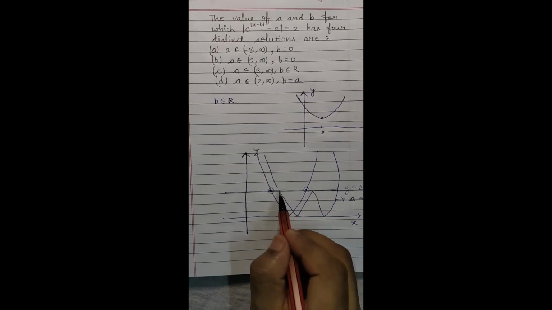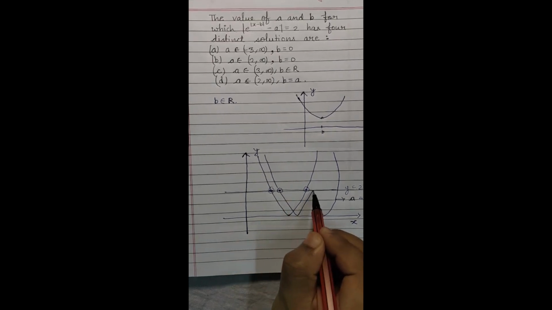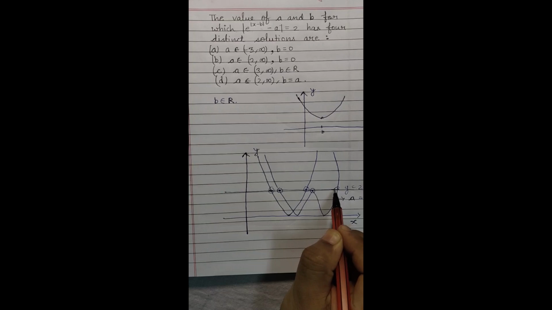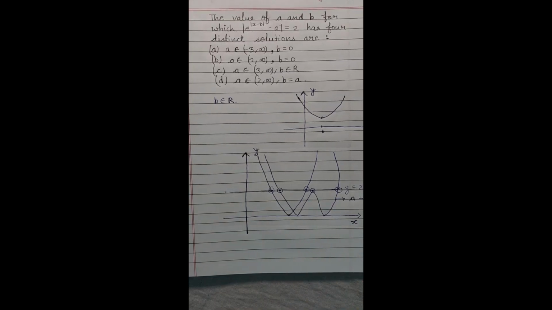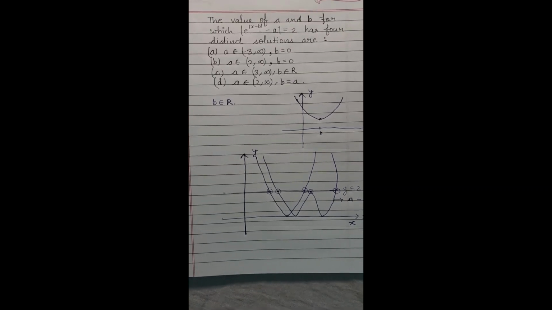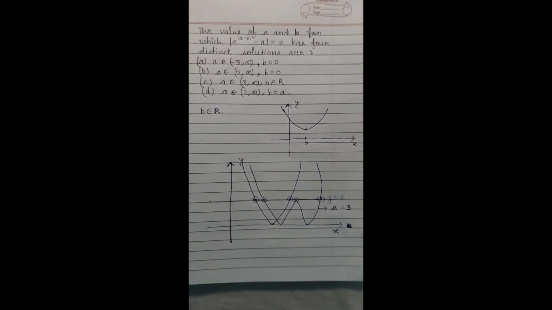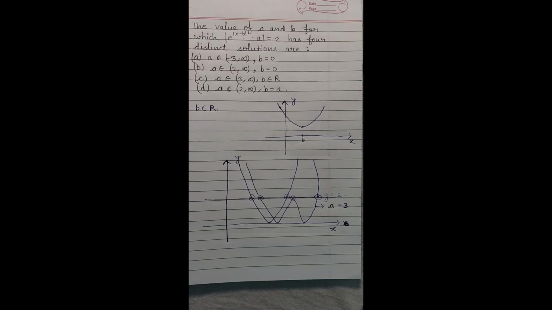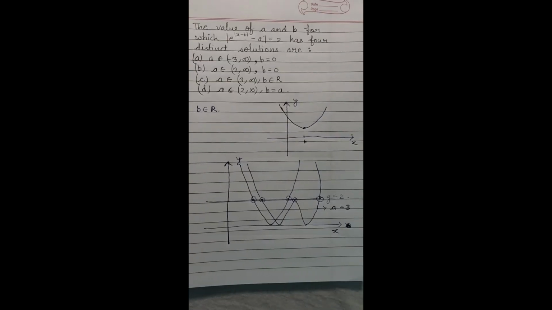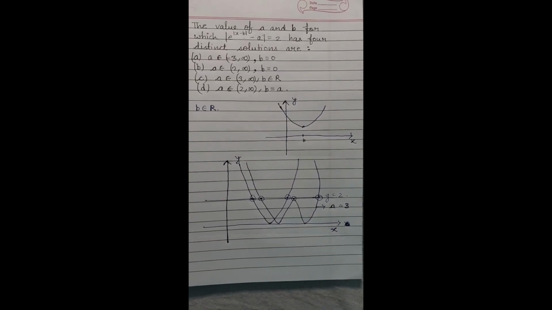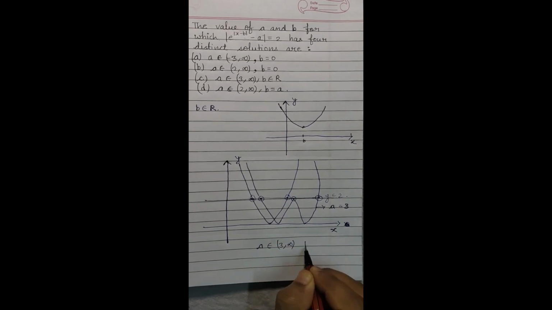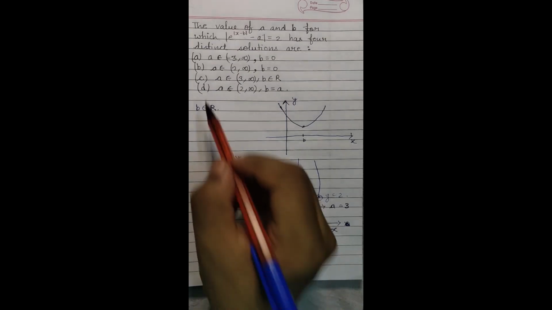So for a is equal to 3, I can take 1, 2, 3 solutions. If I increase the value of a beyond this, I will get 4 distinct solutions. So now I can see that a belongs to 3 to infinity, b belongs to R. So the correct option will be C.